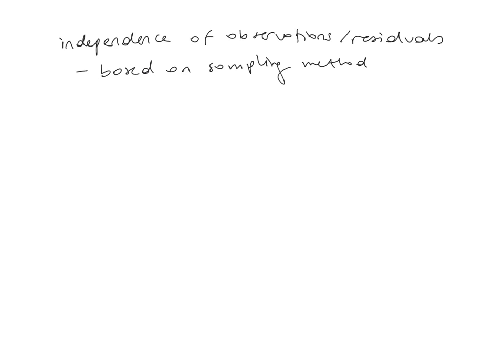If you know that you had a simple random sample that you collected data from, then you know that you actually have independent data. Now, another thing is we can take a look at the order of data collection.